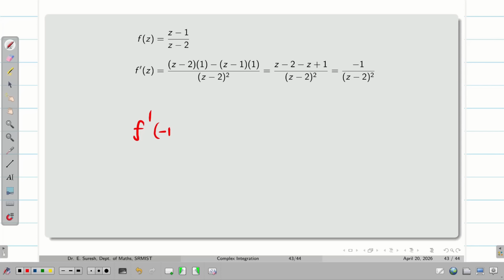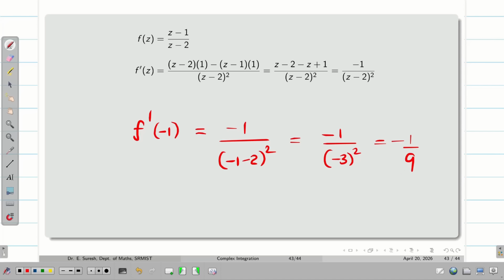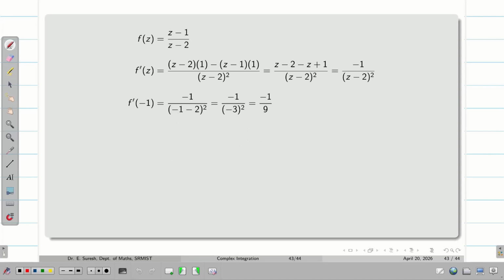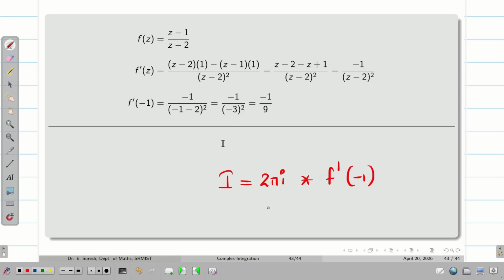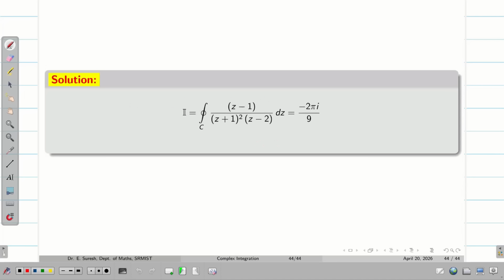Now I have to find f dash of minus 1. Minus 1 divided by minus 1 minus 2 whole square, that is minus 1 by minus 3 whole square, it is minus 1 by 9. Therefore, f dash of minus 1 is minus 1 by 9. We substitute this in capital I. Capital I is 2 pi i into f dash of minus 1. So 2 pi i into minus 1 by 9, that is minus 2 pi i by 9. This is my final answer.